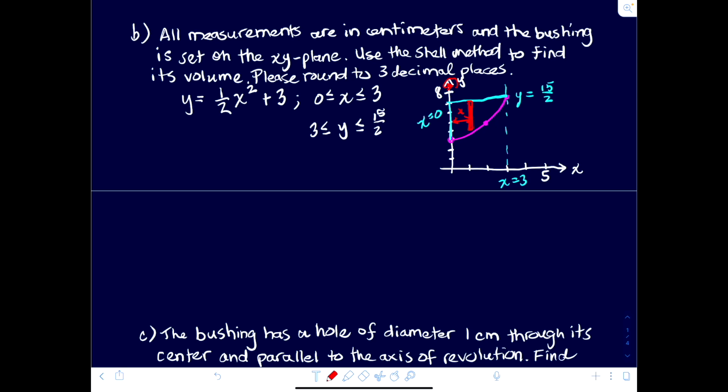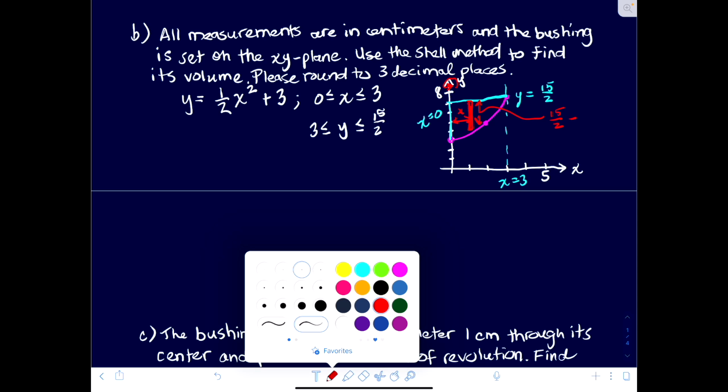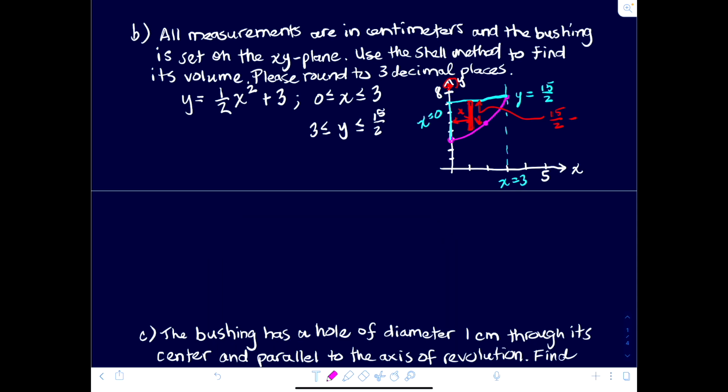But the other distance here is going to be 15 halves minus what that purple graph is. And that purple graph was 1/2 x squared plus 3.